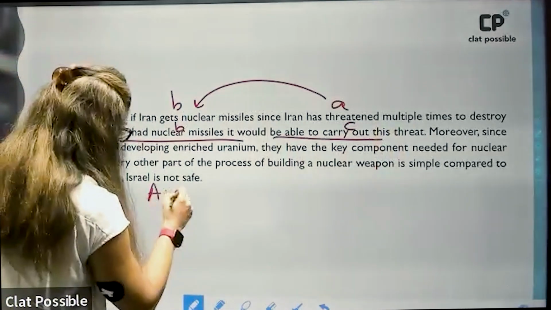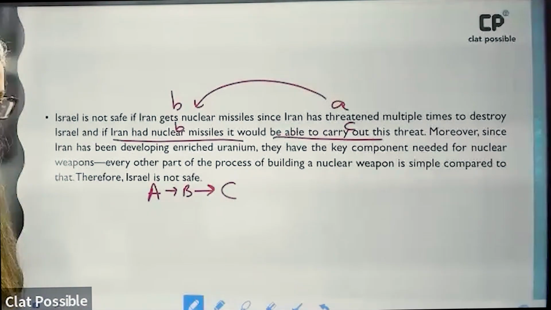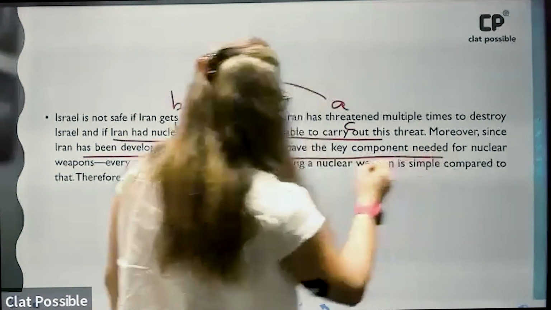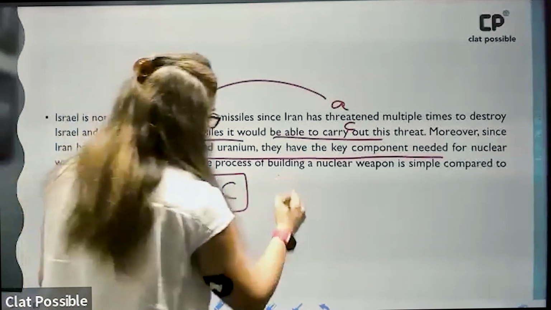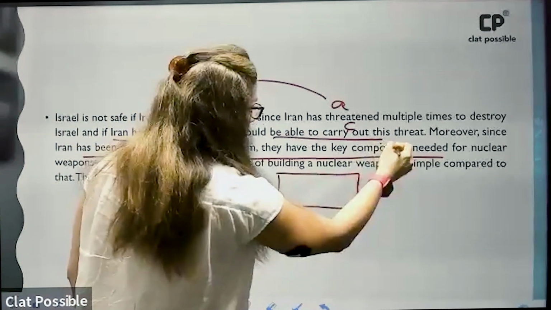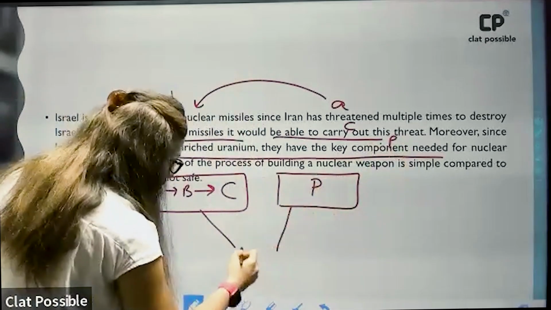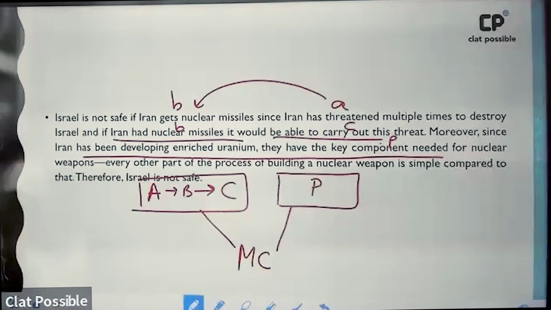So A leads to B leads to C. Right? And there is an additional one. So this is one box. In the second box, let's call it P. And both of these are leading to the main conclusion. This is the map you have got in your mind?